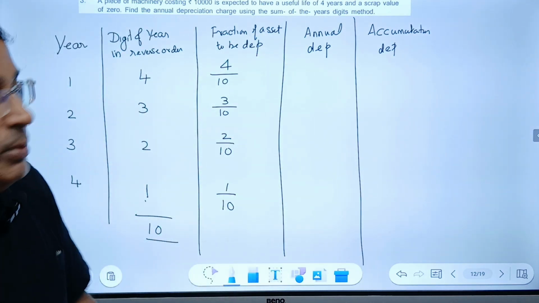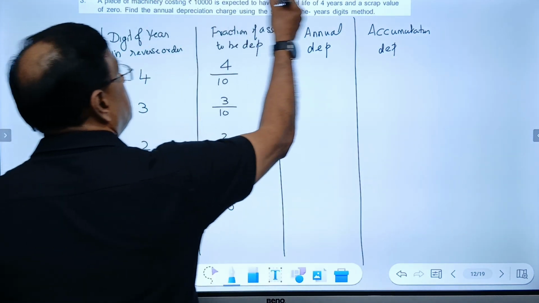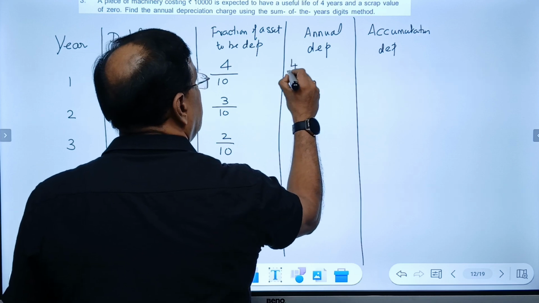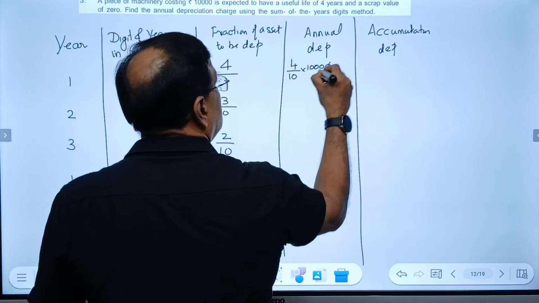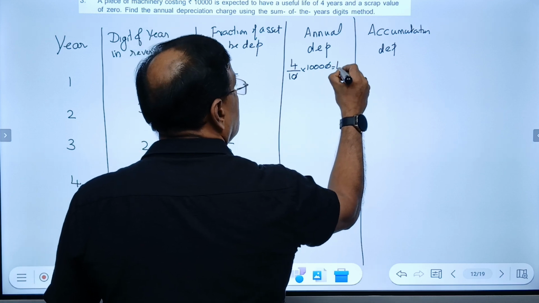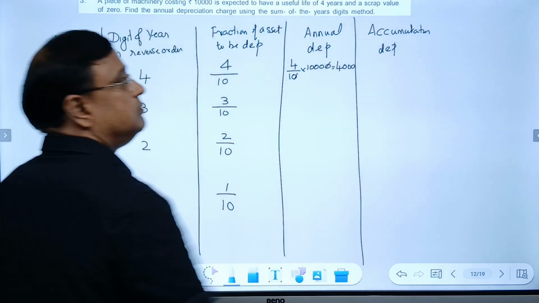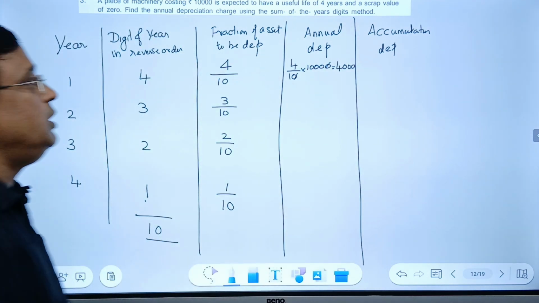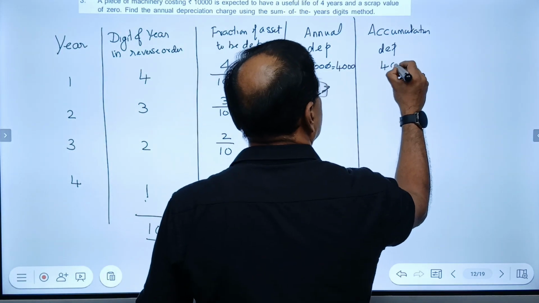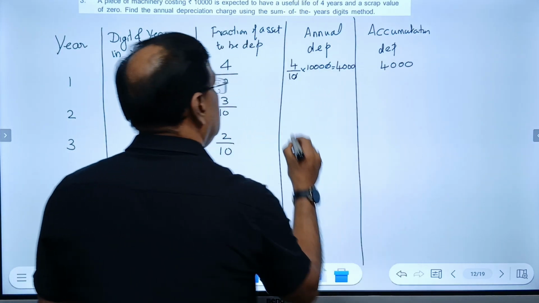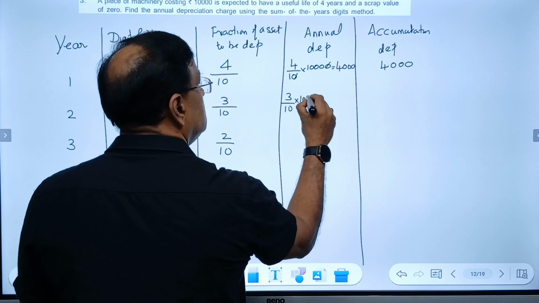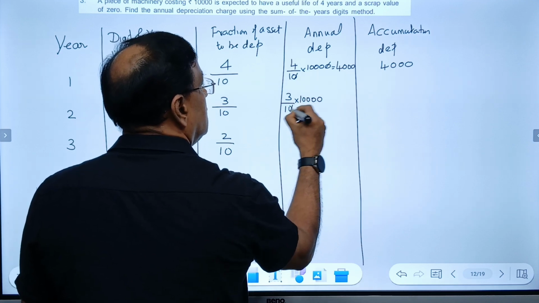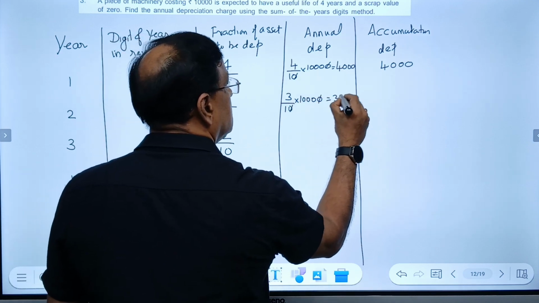Now what amount is going to be depreciated? This 10,000 has to be depreciated. So 4 by 10 into 10,000. What will that be? That will be 4,000. And the accumulation will be 4,000. Here it is 3 by 10 into 10,000, which will be 3,000.